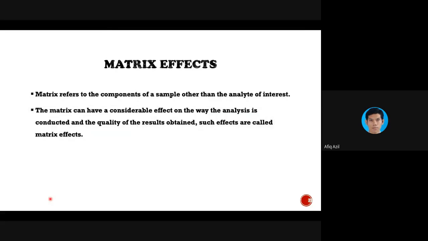Okay, from now on until the rest of the lecture, these are some of the terms that are commonly used in analysis or that you will encounter in the method development process, so that you know what to avoid and so on. For example, the first one is matrix effect. Matrix refers to the components of a sample other than the analyte of interest. So any other things besides the analyte, we consider to be matrix.